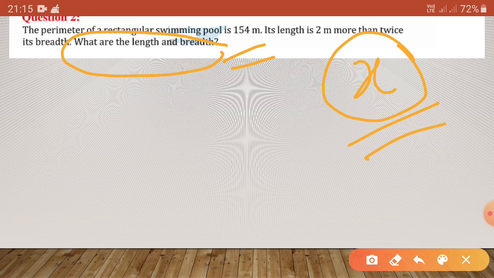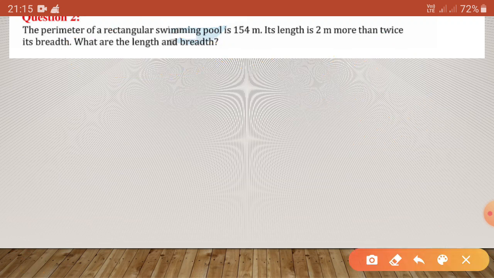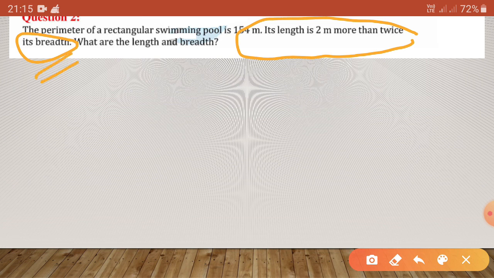Because length depends on the breadth here. Look at the question carefully: its length is 2 meter more than twice its breadth. So length is dependent on breadth. That's why we are taking breadth as x, and we are trying to find out the value of length.